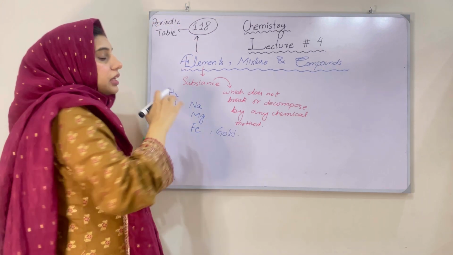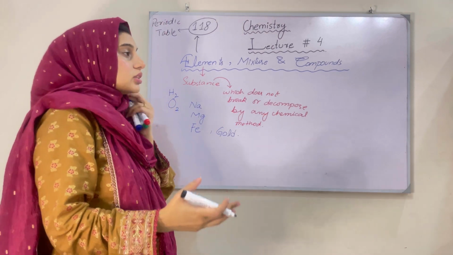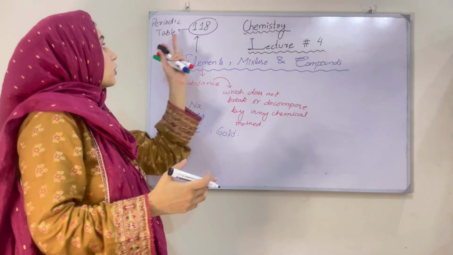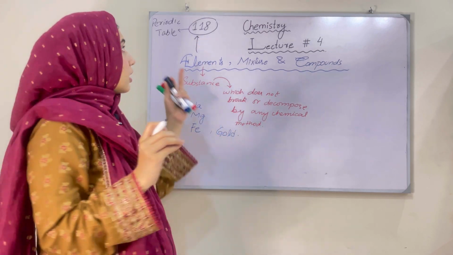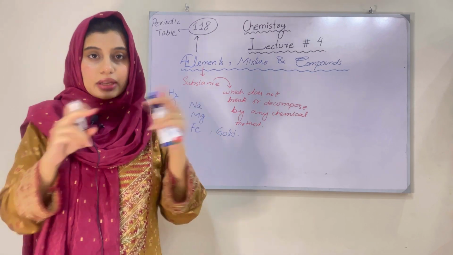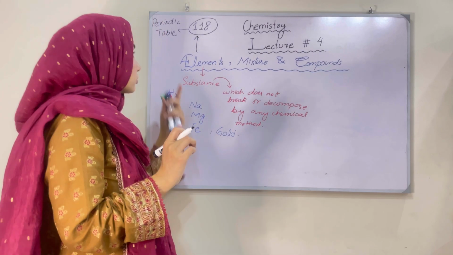The periodic table is a separate chapter in which we are going to study it in detail. Here I'm just telling you that we have 118 elements, and all of them are arranged in a tabular form, known as the periodic table.